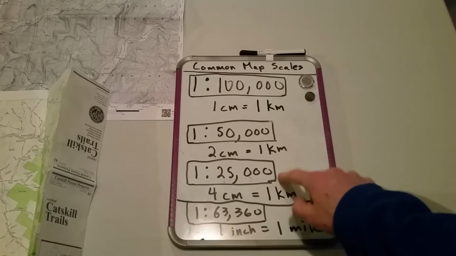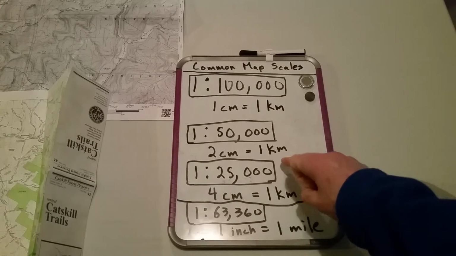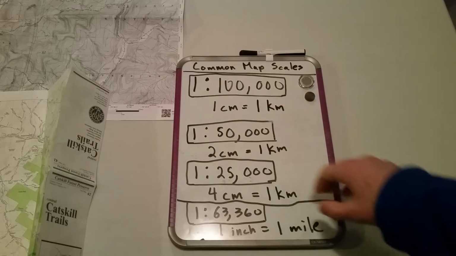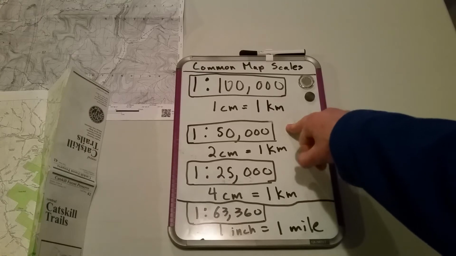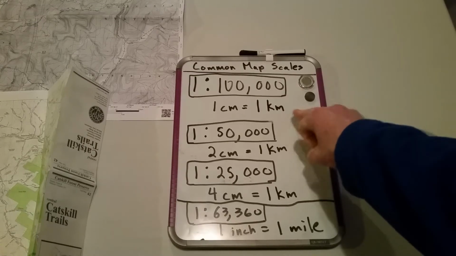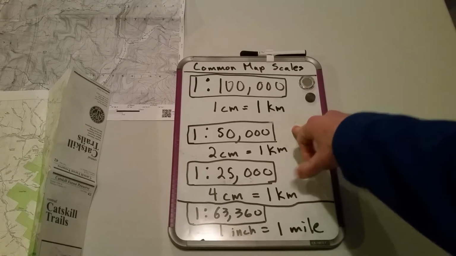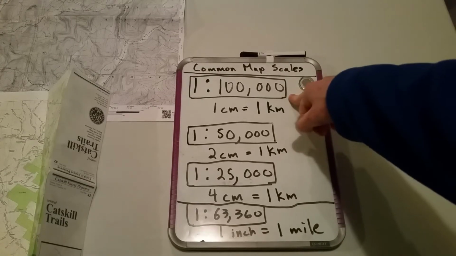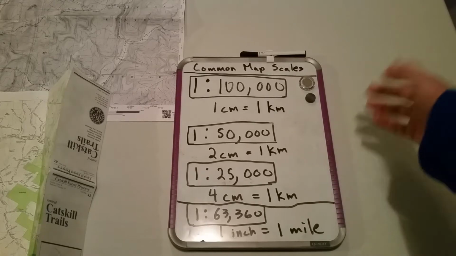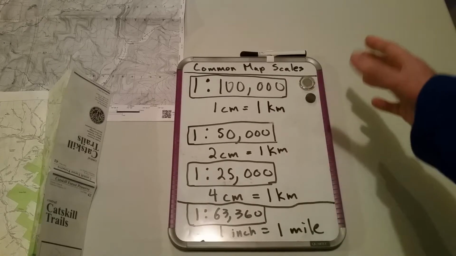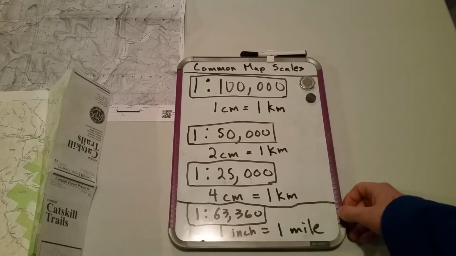Generally speaking, a 1 to 25,000 map is going to be very localized to only just a few miles or a few kilometers. And the 1 to 50,000 map is more commonly used in the military. That's going to be a little bit bigger. And then your 1 to 100,000 and above is going to be like your county or city maps that cover a large area.